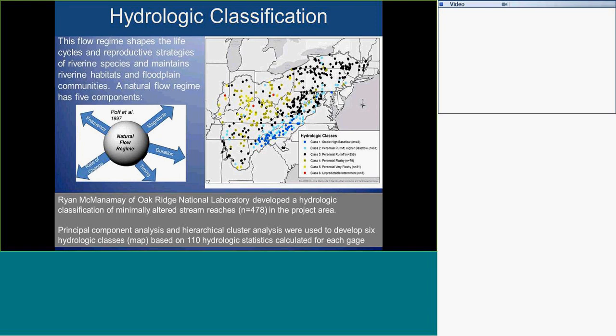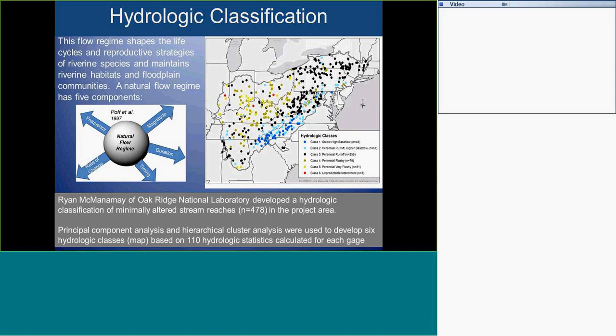Another that we focused on for this piece, we contracted Ryan McManamy from Oak Ridge National Laboratory to develop a hydrologic stream classification based on minimally altered stream reaches and the stream gauges, 428 gauges, I think, that were in the project area.